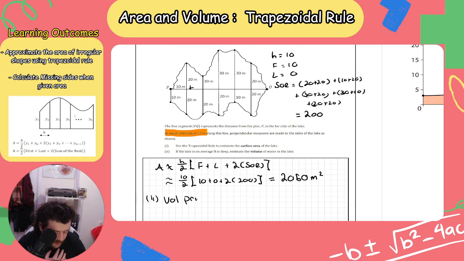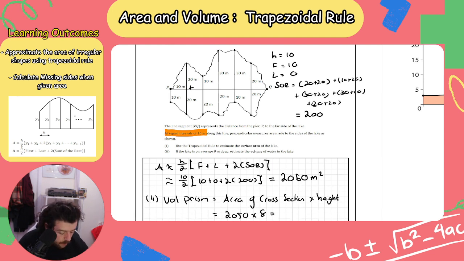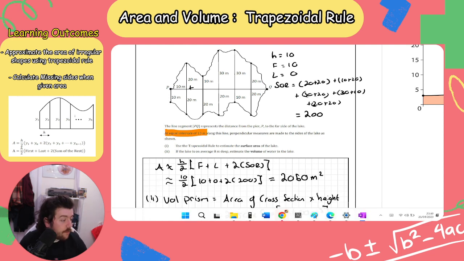The volume of the prism is equal to area of cross section times height. As we know, the area of my cross section is 2050, and then my height, or my depth, is 8 meters. So multiply that by 8, and we're going to get 16,400 meters cubed, and that is the volume of water in the lake.